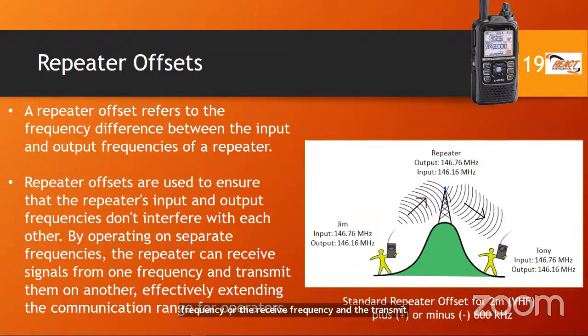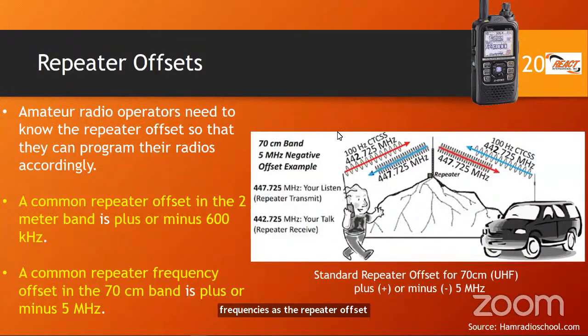We refer to the difference between those two frequencies as the repeater offset. So we need to know the offset to be able to program our radio for the appropriate frequencies.